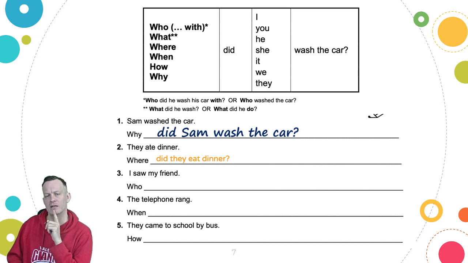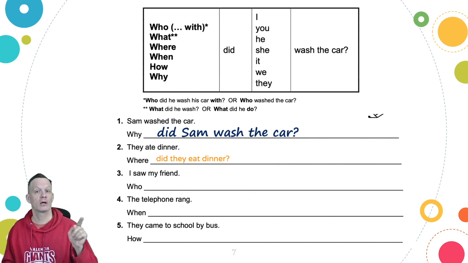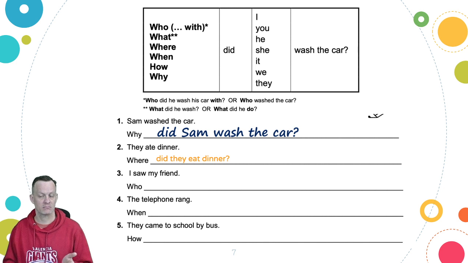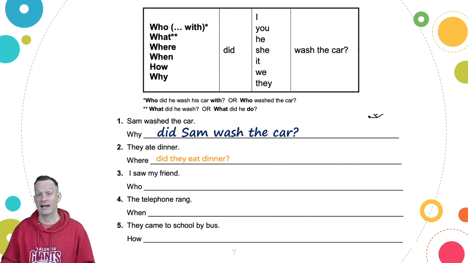This could be a subject question or an object question. It depends. The object question, we are asking about my friend. The subject question, we are asking about me. Who did you see?